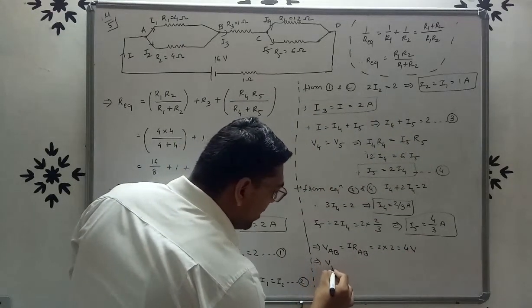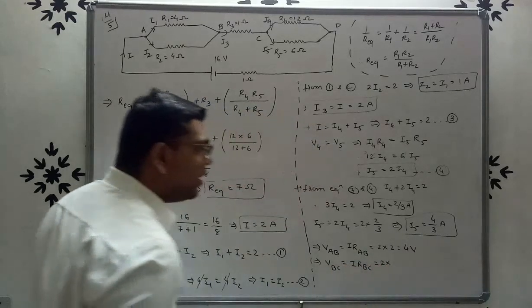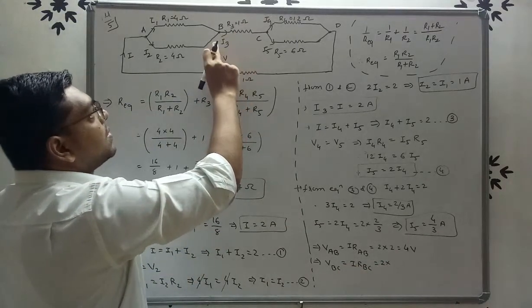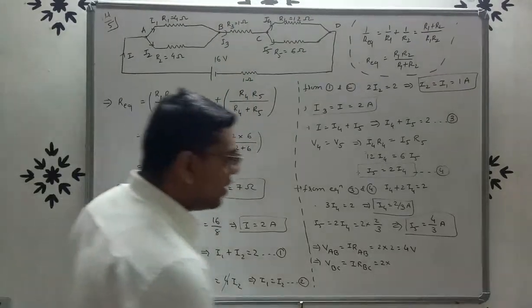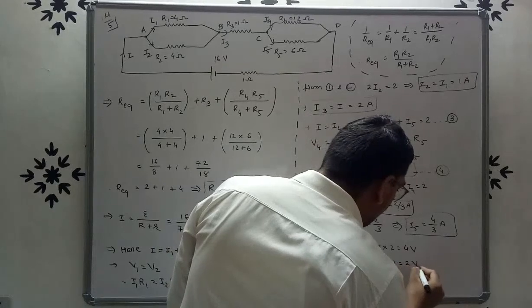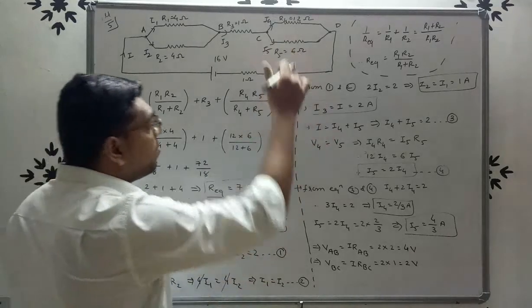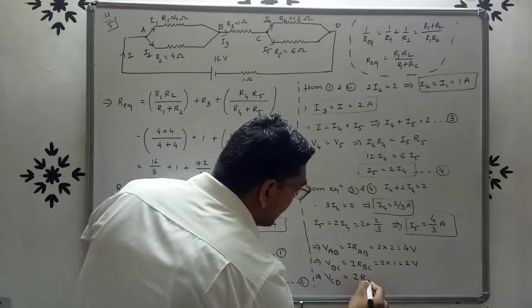Then VBC. So I into RBC. The value of I is 2 into the value of RBC, that is the resistance between B and C, that is 1. So 2 into 1, that is 2 volt. Right? Now we have to find out the voltage drop between C and D. So I RCD.